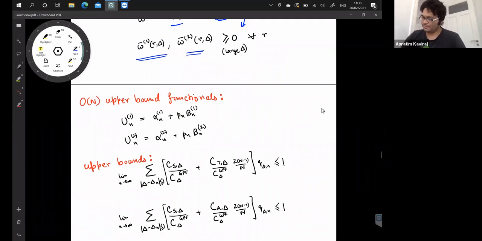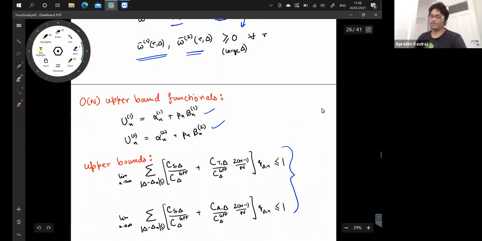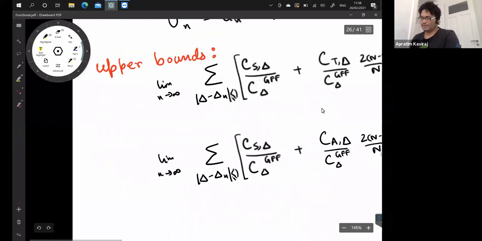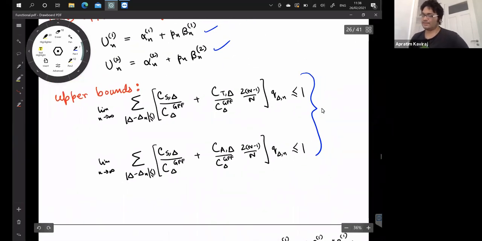So it's the same story. You have obtained vector functionals whose components are the minus type ones, and you can combine them to get these upper bound functionals, just like in the O1 case, and it gives you upper bounds on OP coefficients of the respective singlet, symmetric and antisymmetric sectors.